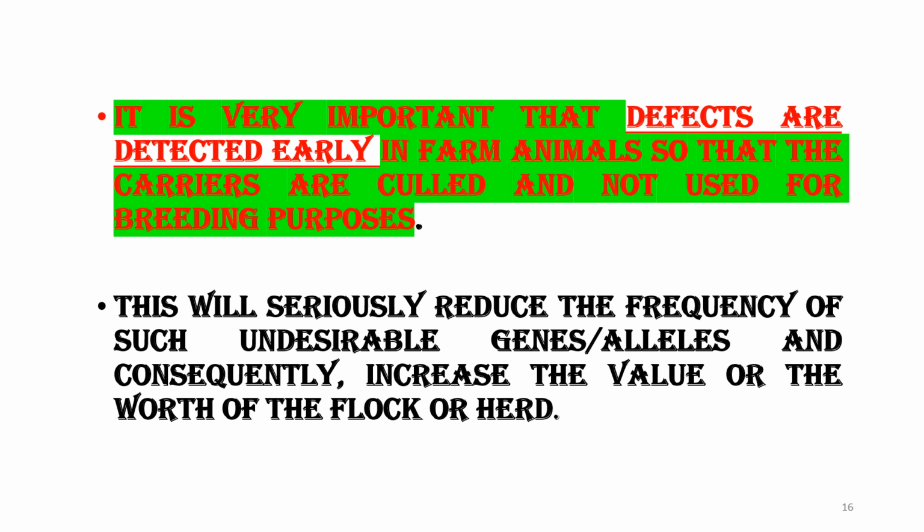And if they are able to cull the animals out of the herd or the flock early because of the appearance of lethals, it will seriously reduce the frequency of such undesirable genes or alleles and consequently increase the value or the worth of the flock or the herd.